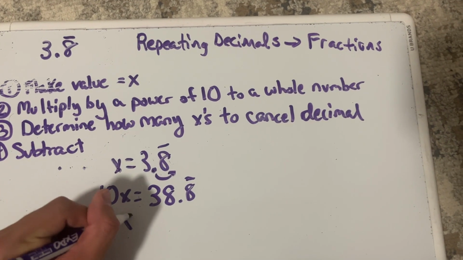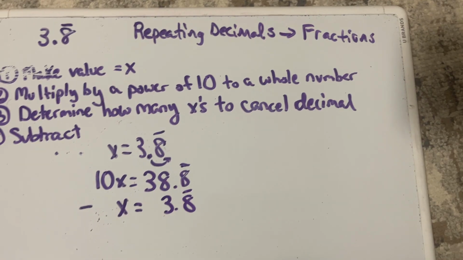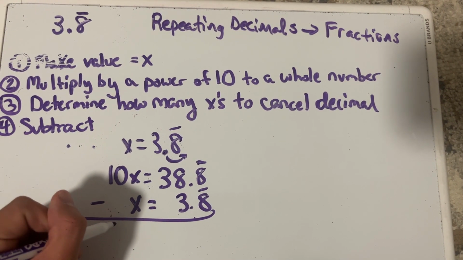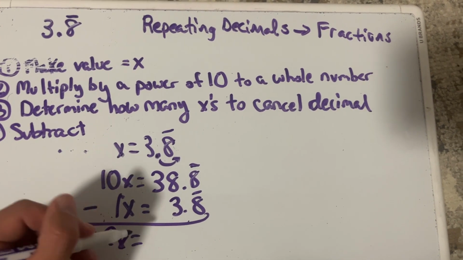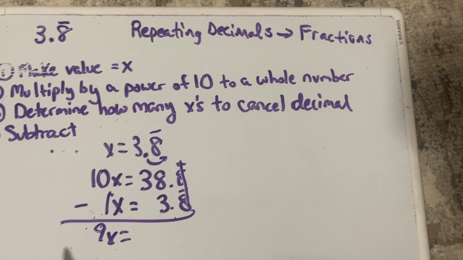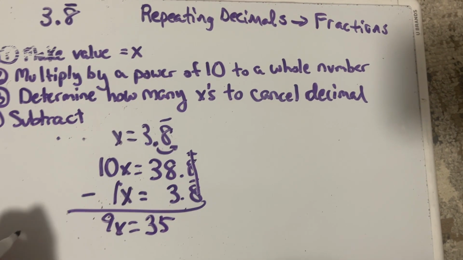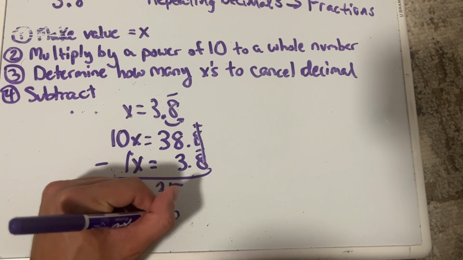So I can just subtract and get my answer. 10x minus 1x equals 9x. The 0.8 repeating cancels out, and this becomes 35. x is equal to 35 over 9.